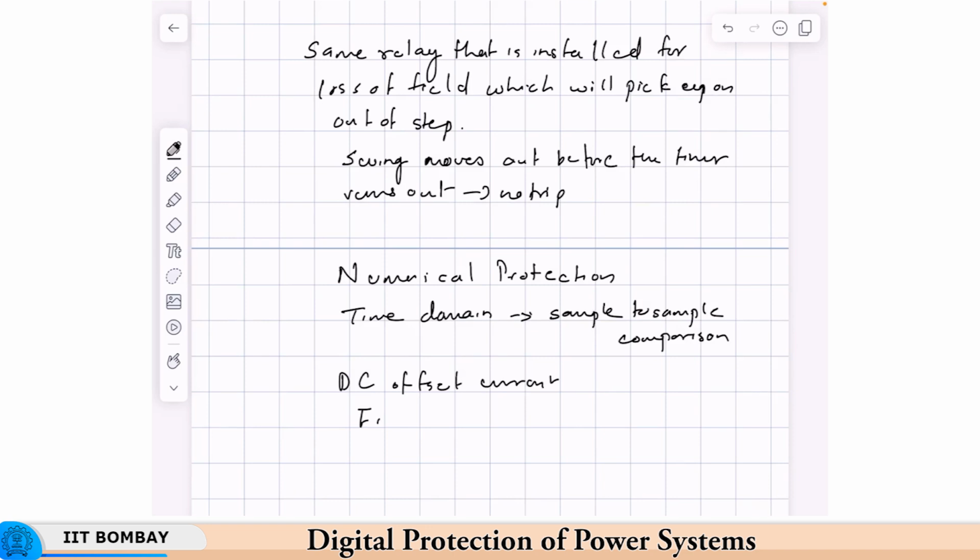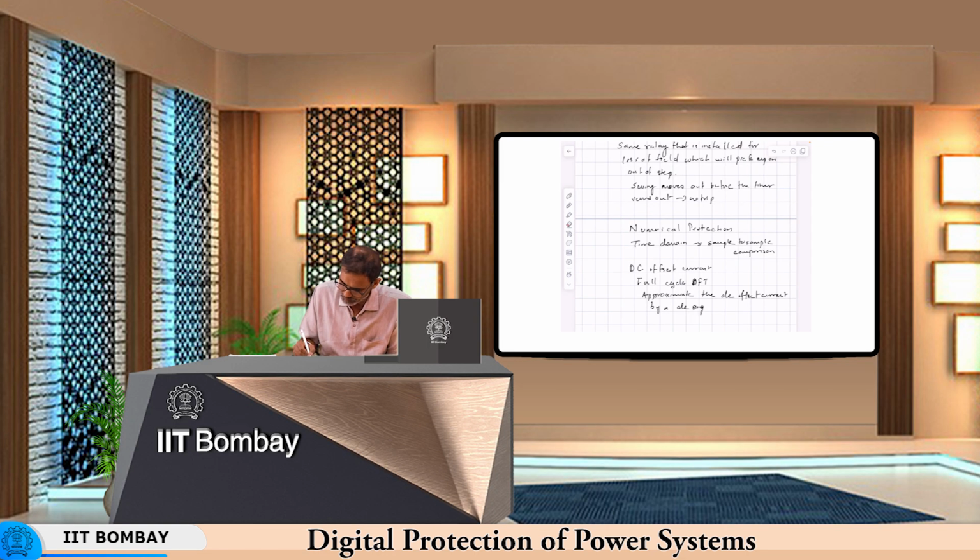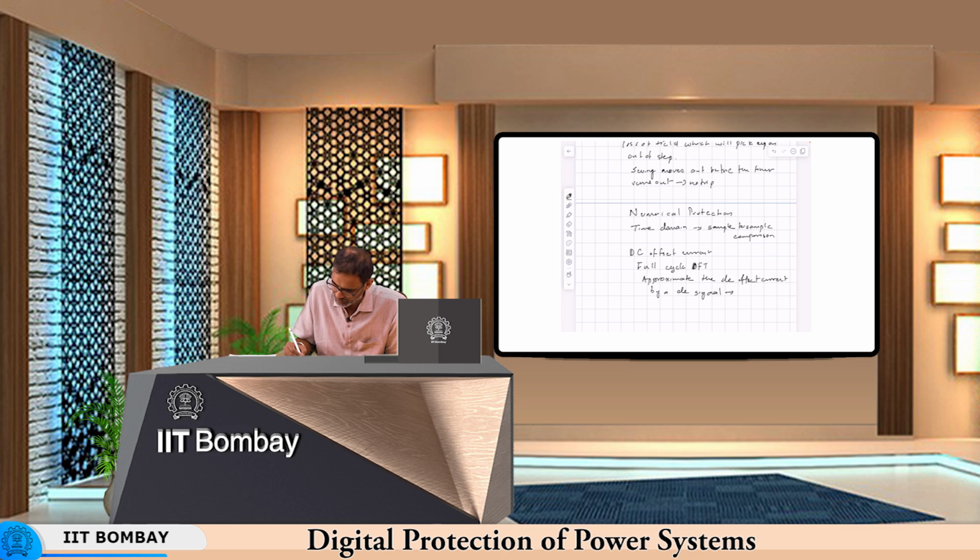So, if you are using full cycle DFT, then you can approximate the DC offset current by a DC signal, which would mean that the DFT will reject it, and you will get only the fundamental.